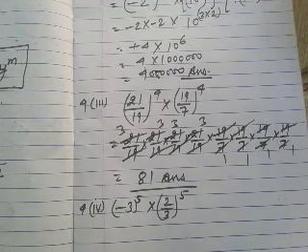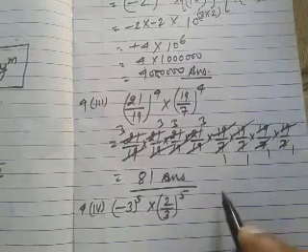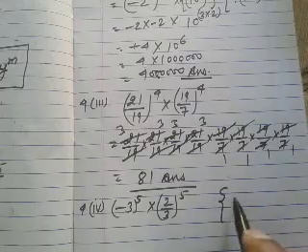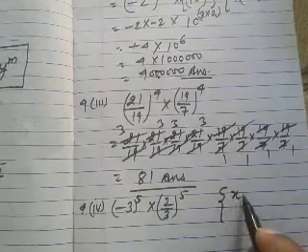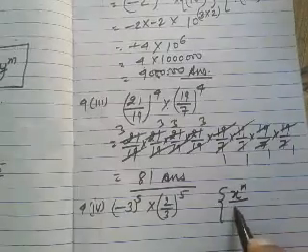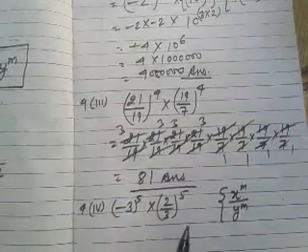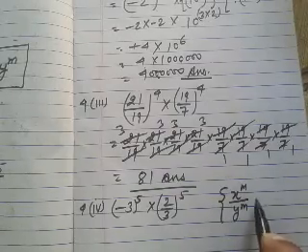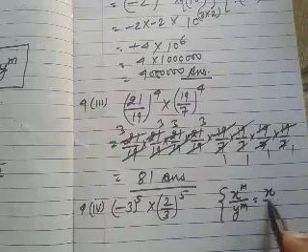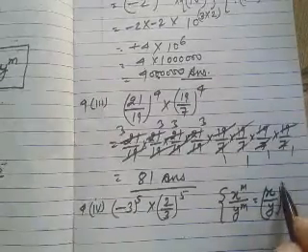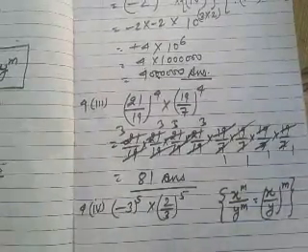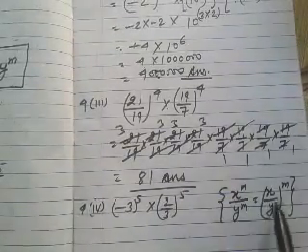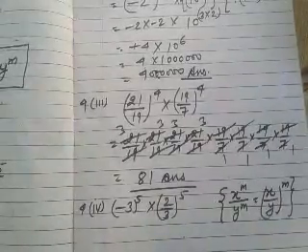In this case, if a rational number is written as x raised to the power m and y raised to the power m, then we can write this number as x upon y raised to the power m. And its converse is also true.